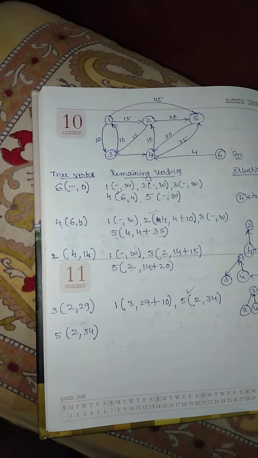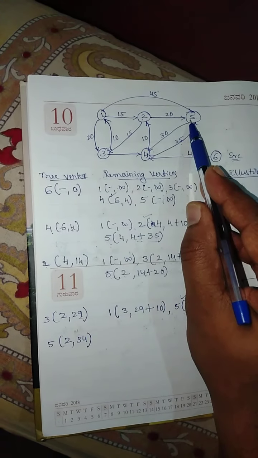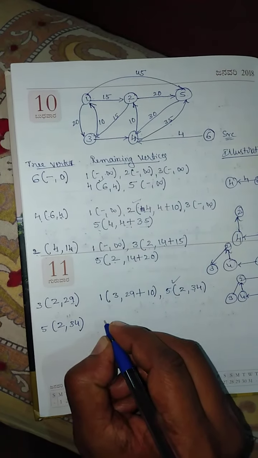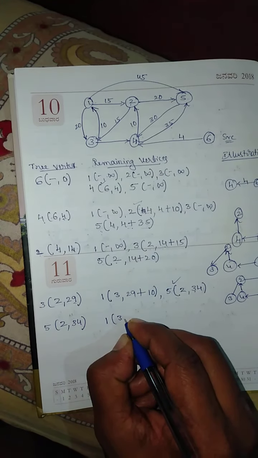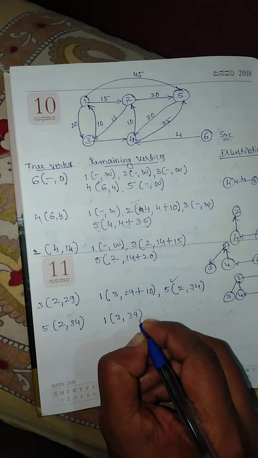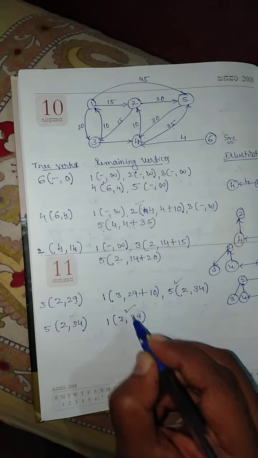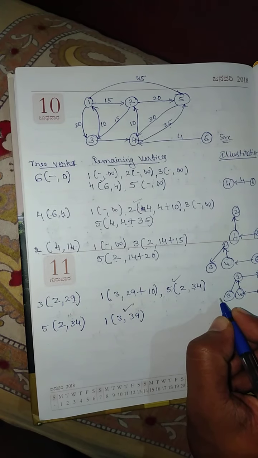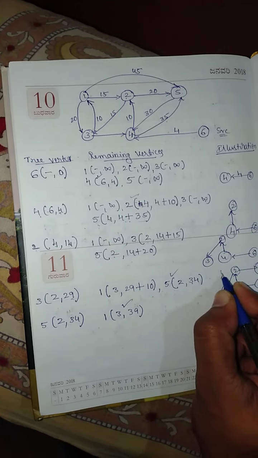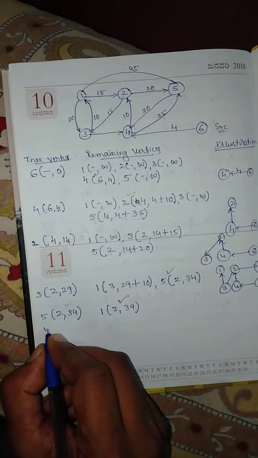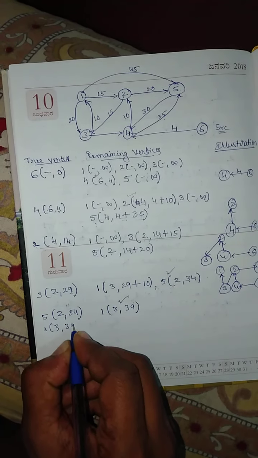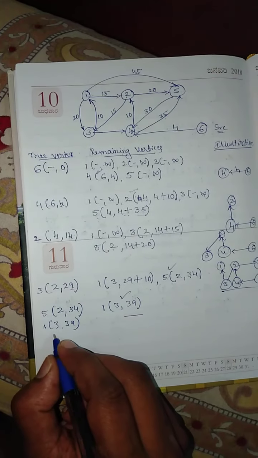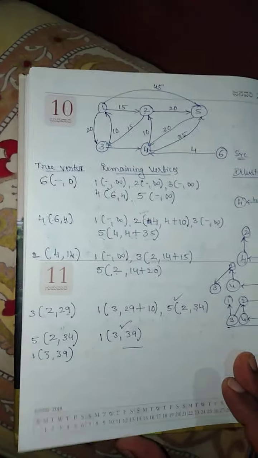No. For 5 there is a fringe vertex, that is 4, but 4 is already considered, so we are left with only 1, reachable from 3 with a cost of 39. Therefore we will consider this as the last. I will add the edge 3 to 1. Done. So 1, 3 comma 39, and this is the tree, and these are the shortest paths.